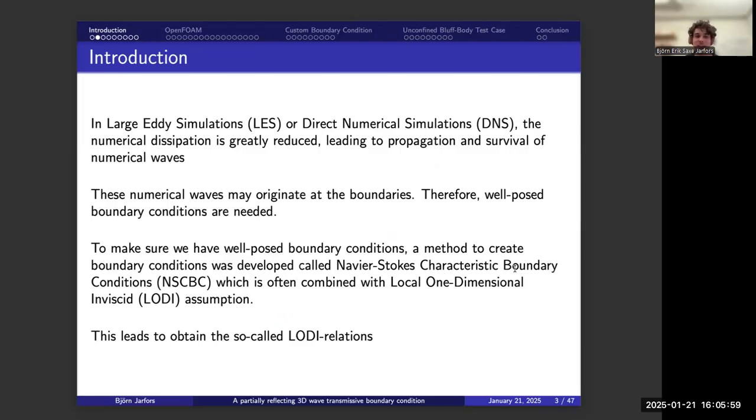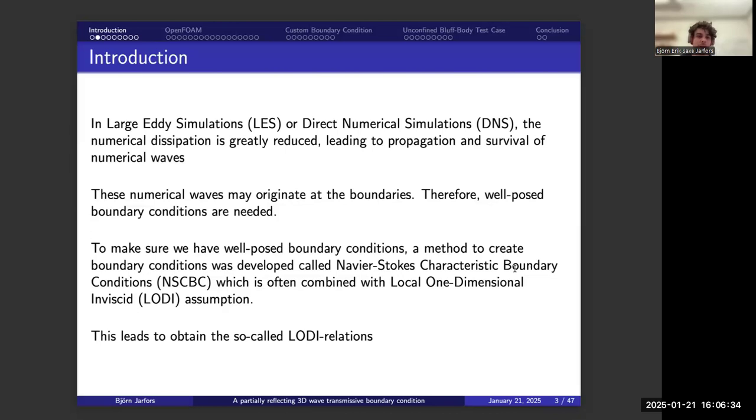And this is actually a huge problem in many cases of boundary conditions, because this low numerical dissipation will actually lead to propagation of numerical artifacts or numerical waves, which survive and persist through the domain. And as soon as they interact with another boundary, they will actually transform into a physical wave, which will change the results that you actually get. And this is why we need to have well-posed boundary conditions.